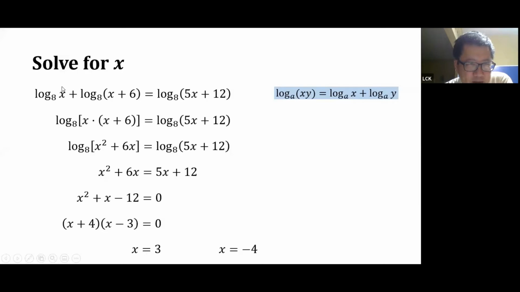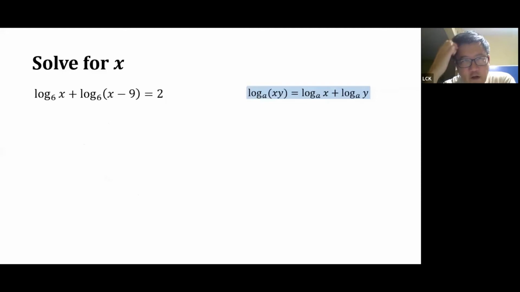Because you cannot take the logarithm of a negative number. Here, log base 8 of minus 4 is undefined. So immediately because of this expression here, I can knock that out. Simple.